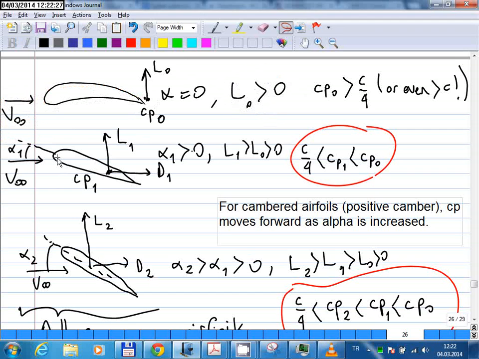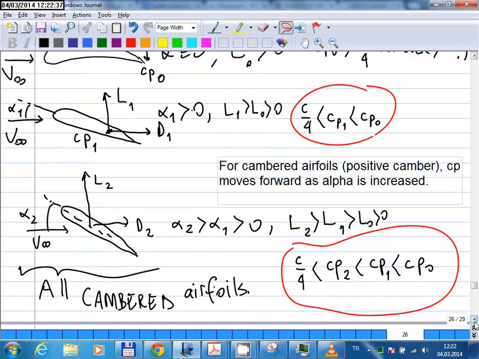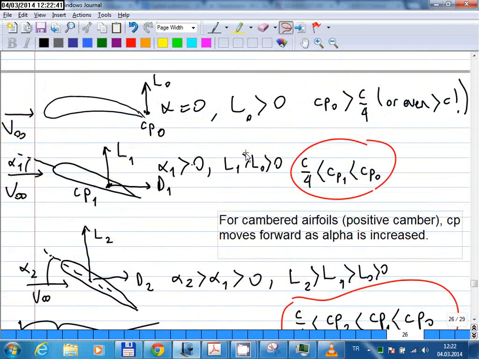And if you increase the angle of attack, just like before, the lift force will be increased up to a certain limit. So for mild angles of attack, this trend will be true as you increase the angle.